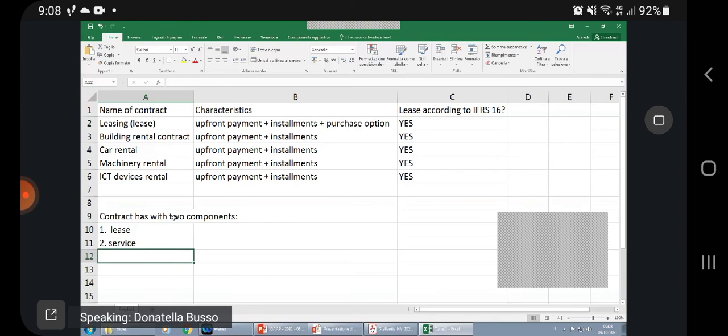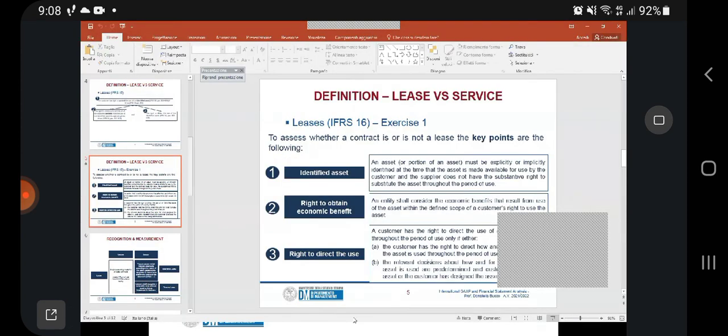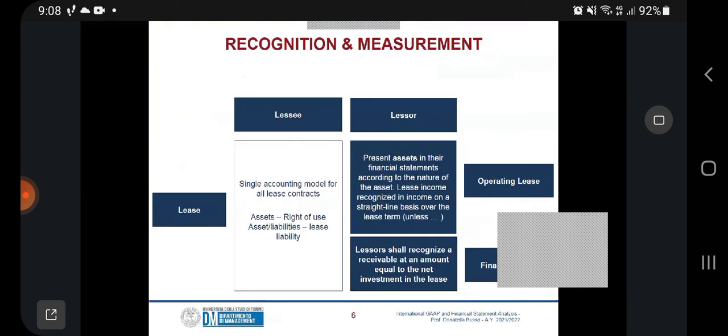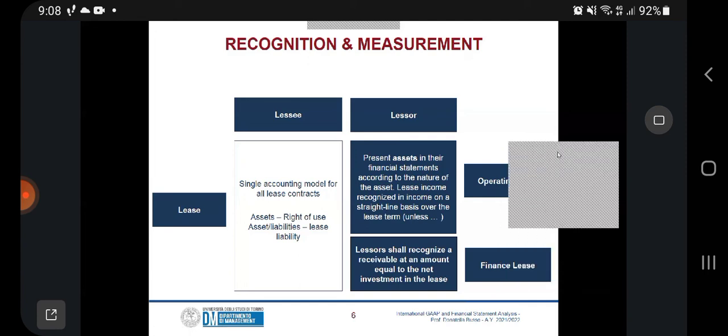Okay. So now that we know, okay, now that the definition is clear and also the scope of IFRS 16, which is a very, very, very wide, large scope, because not only lease contracts, but also car rental, also building rentals, and so on, we need to understand how to account for leases.